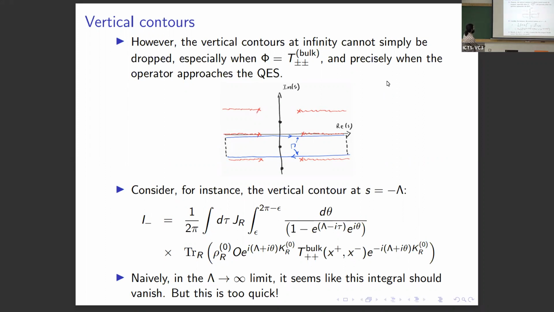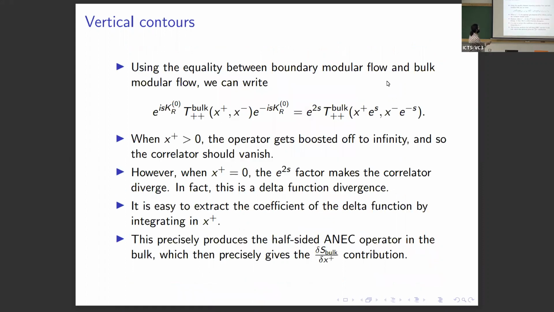I should have said this explicitly, but at this stage, I'm using the fact that this operator, which is actually boundary modular flow around the thermofield double state, I can trade for bulk modular flow and then do a bulk computation. So it's important in this calculation that there is an emergent bulk, a bulk quantum field theory. The properties of this boost and the corresponding enhancement and so on come from the fact that there's an emergent quantum field theory.